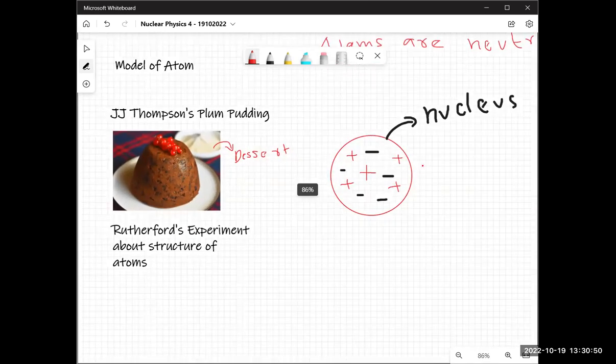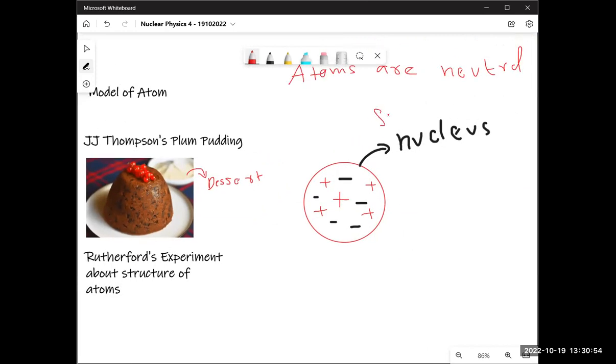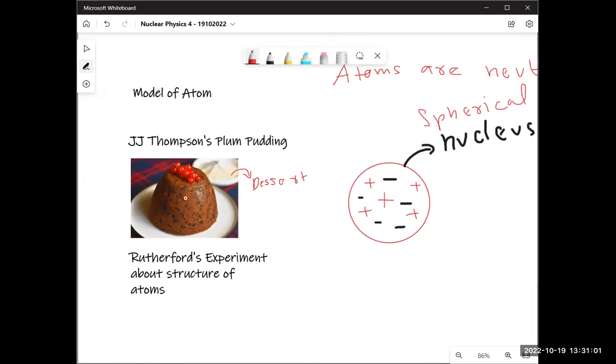Ayan, is that clear? Any questions? That we have a spherical nucleus, with positive and negative charges inside that nucleus, like this pudding right here. Any questions? No, sir.